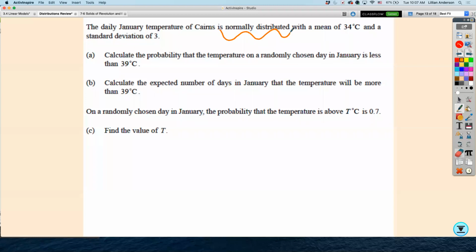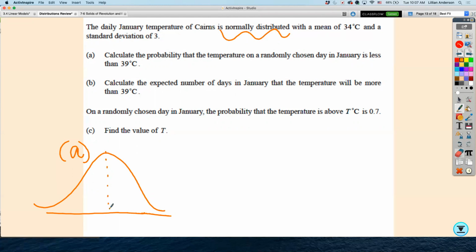For A, we're trying to calculate the probability that a temperature on a randomly chosen day in January is less than 39 degrees Celsius. And speaking of January, how many days are in January? 31. You got to know those type of things. So you got to calculate the probability that the temperature on a randomly chosen day in January is less than 39 degrees Celsius.